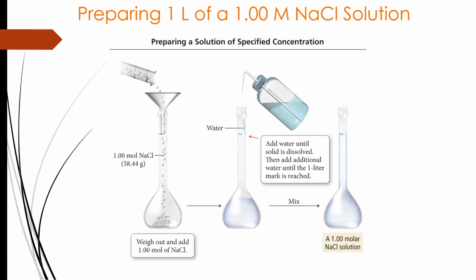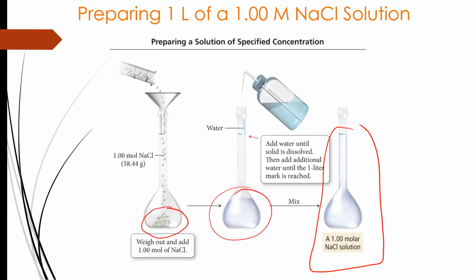So here is how we can prepare something that is 1 molarity NaCl in a 1 liter solution. We weigh out 1 mole of the NaCl. We then add in that solvent, which is our water, until it starts to dissolve. Once we get it all dissolved, then we fill the whole thing to 1 liter.